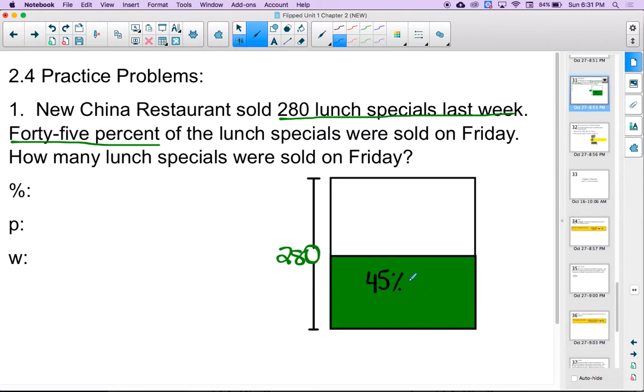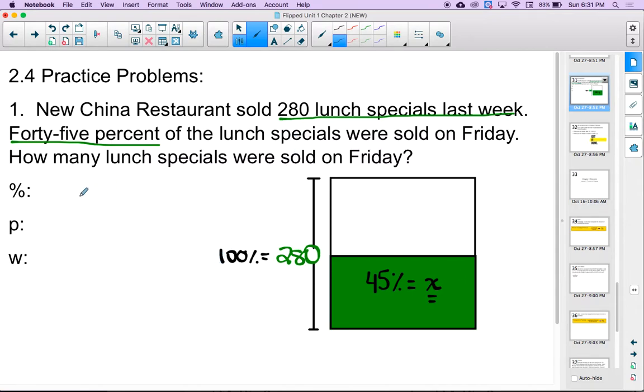And they're asking us, well, what's the actual number of lunch specials sold on Friday? So we know that the 280 is our 100%, that's our whole. We know that we sold 45% of them on Friday. We're just trying to figure out, hey, what is that number sold on Friday?